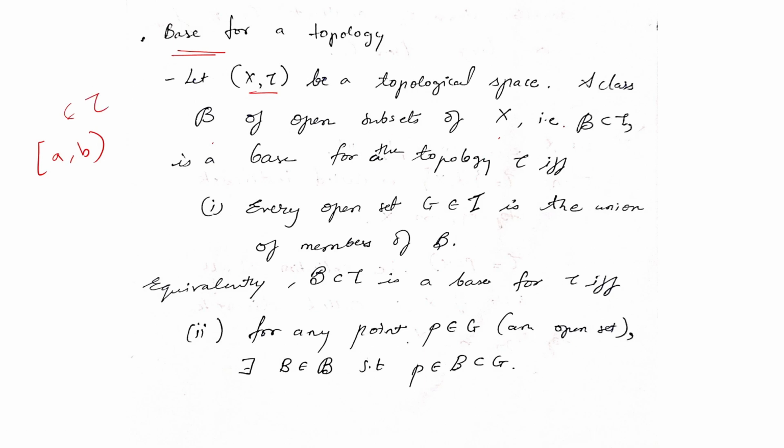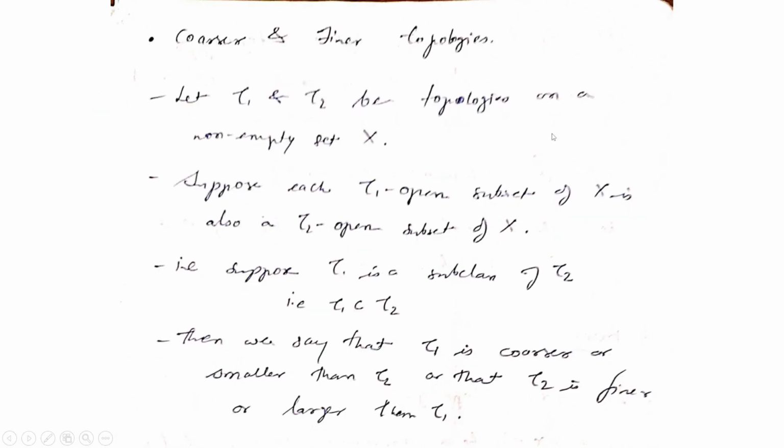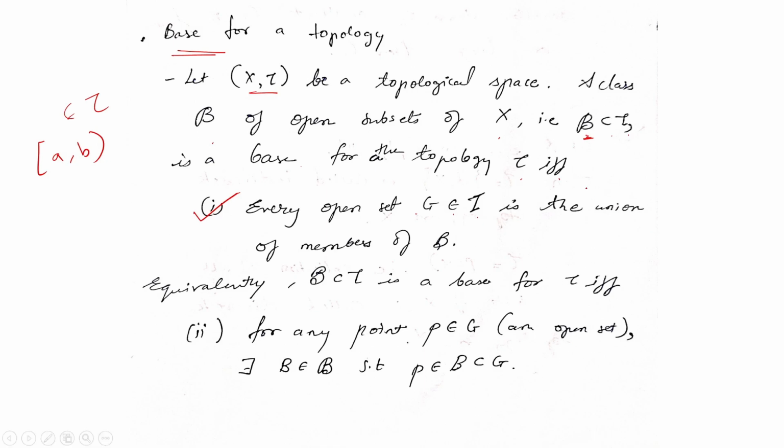Now that is our B, that is basis, a subset of tau, is a base for the topology tau if and only if every open set G belonging to tau is the union of members of B. So if you are taking any open set G from tau, then how will you define that? It will be the union of the members of B. Fine.